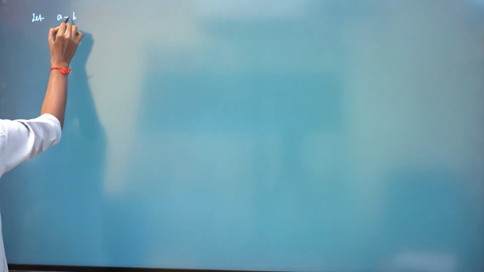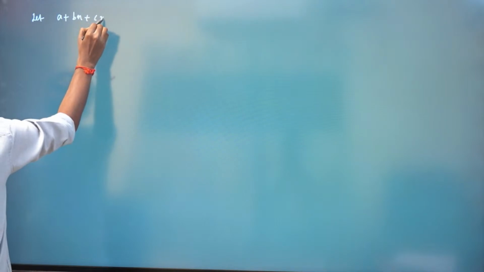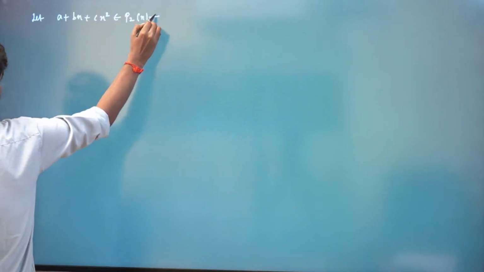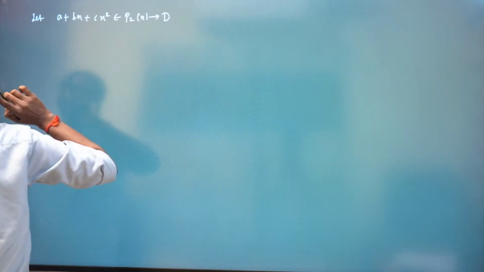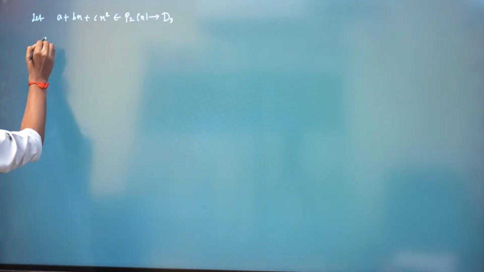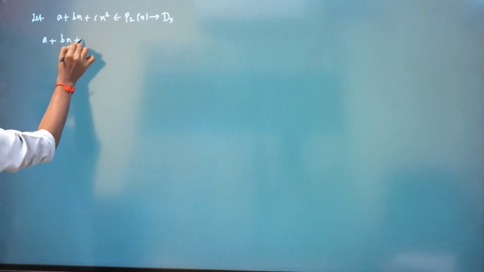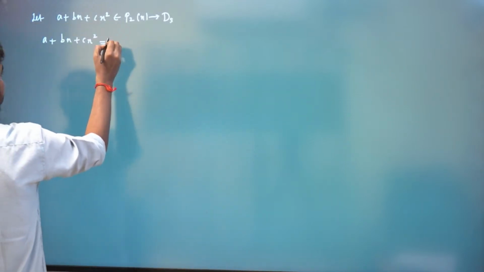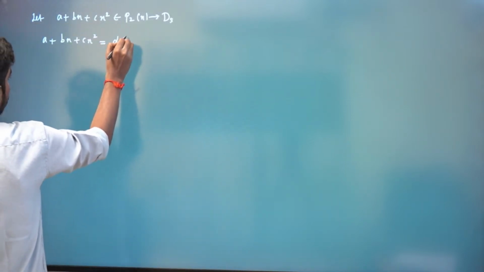Let us take a vector a plus bx plus cx squared in P2. That is your domain space. Any vector in the domain space can be written as a linear combination of basis vectors of the domain space. Yes or no? Let us say the scalars are alpha, beta, gamma.